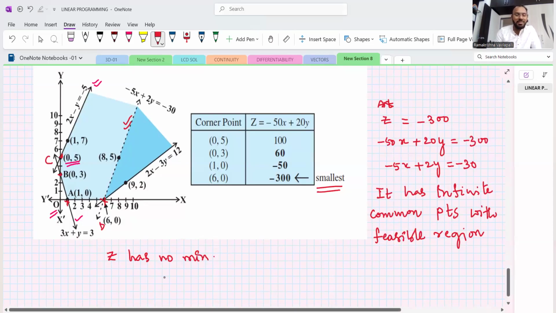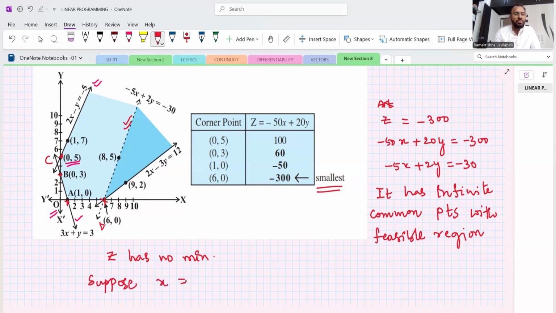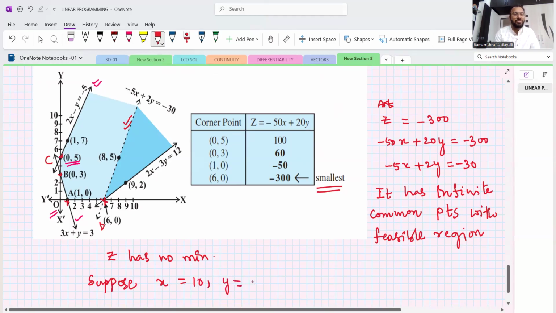You see that because, suppose you take any point in the region. Suppose x equal to 10, no problem at all, and y equal to some 5.